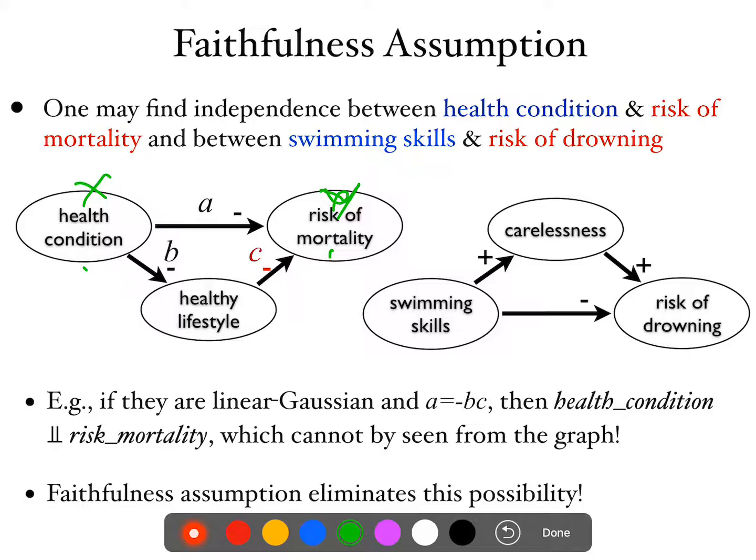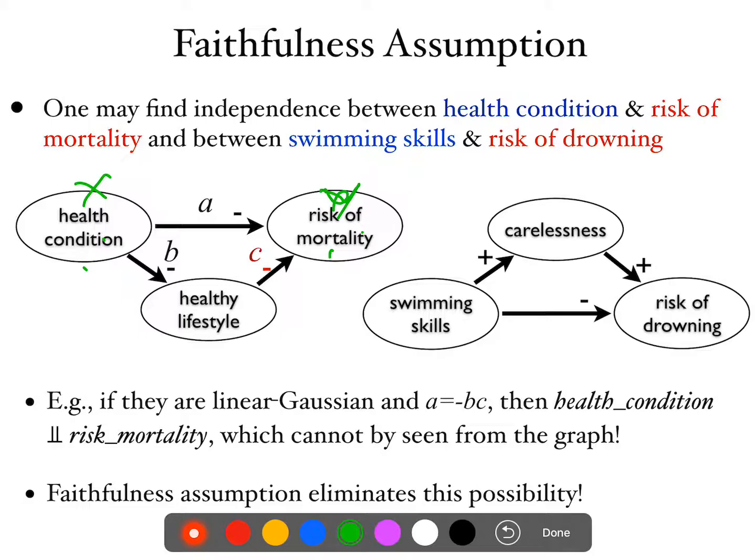It's implied by the Markov condition on the graph. That means if you cannot see this independent relation by applying Causal Markov condition to the graph, then it should not be there. This means if you follow the faithfulness assumption, then here, X and Y should not be independent.